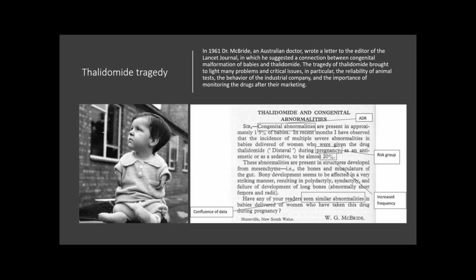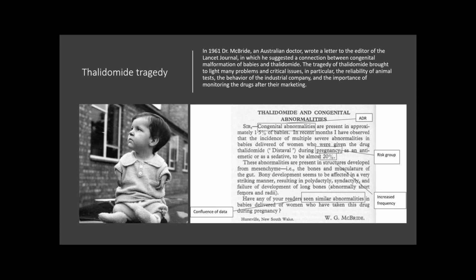So when this drug started to be used in pregnant women, some very severe abnormalities started to arise. And this is the original letter of a doctor, Dr. McBride from Australia, one of the first doctors who had concerns about the safety of this drug.